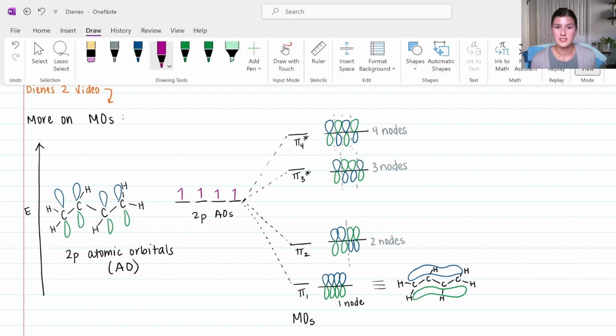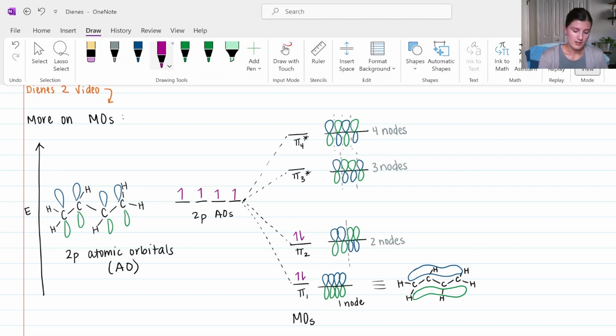The last thing we would do here is fill in where electrons are present in the molecular orbitals. We start with 4 electrons in atomic orbitals, and we know that because there's 2 double bonds, 2 pi bonds, so 2 electrons per bond, that's 4 electrons total. We will fill molecular orbitals from lowest energy to highest energy first, and electrons in the same orbital cannot have the same spin, so we put 2 electrons in pi 1, one represented with spin up, one represented with spin down, and then 2 electrons in pi 2, one represented as spin up and one represented as spin down.